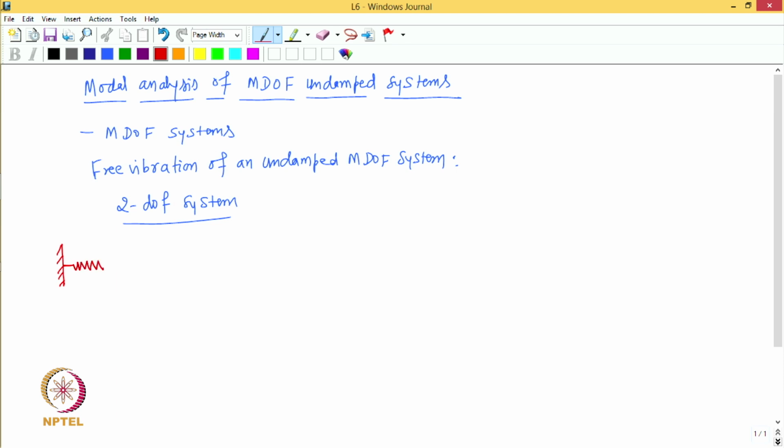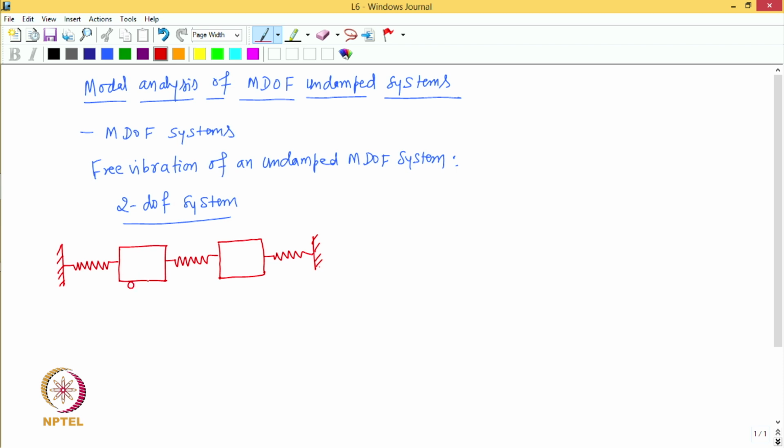So, this is a spring, and then we have a mass connected to another spring, connected to another mass, like this.